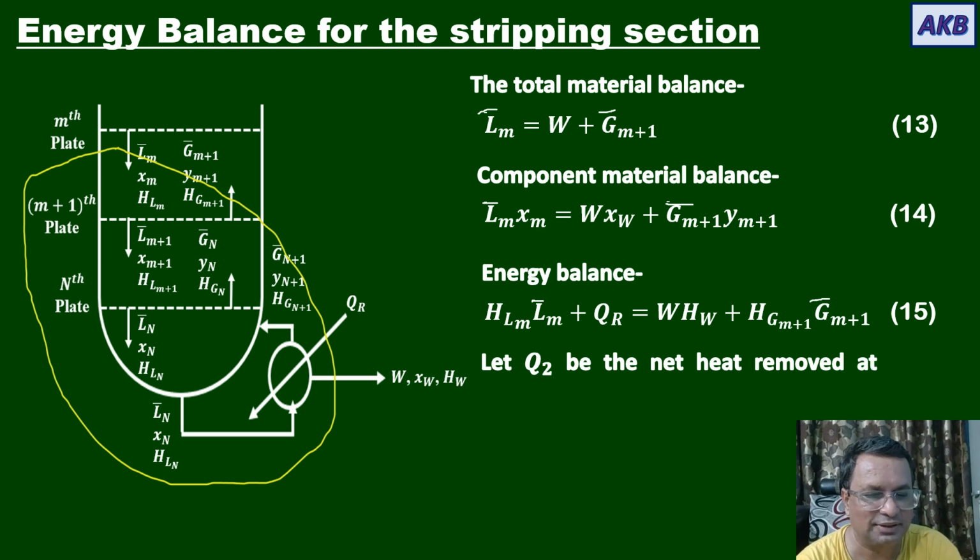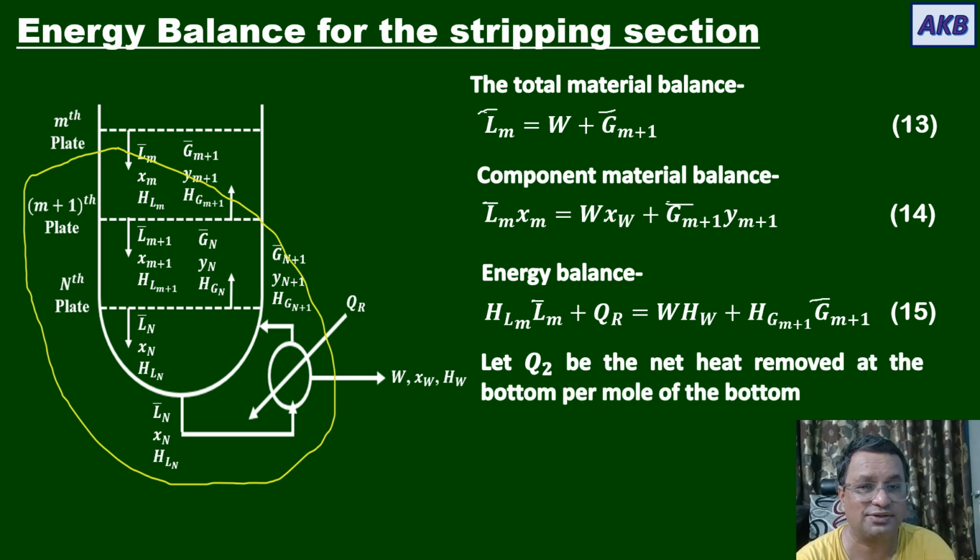Now I'm defining one more parameter. Earlier, if you remember, we had defined Q1. Now I'm defining Q2. What is this Q2? Q2 is the net heat that is removed at the bottom per mole of the bottom product.